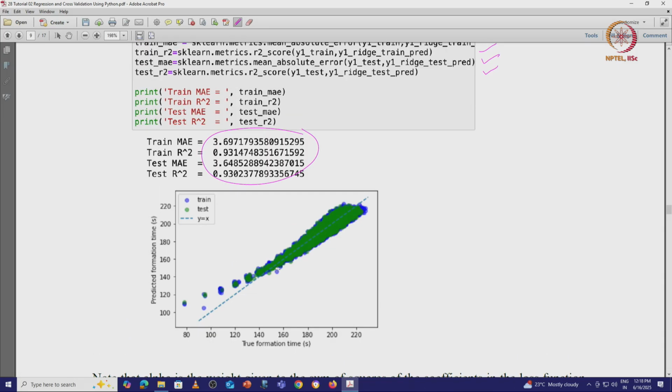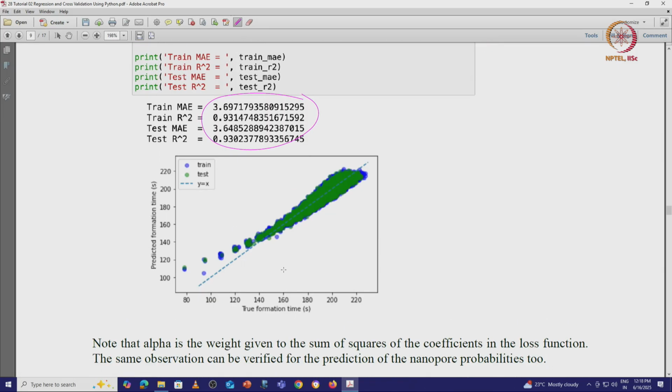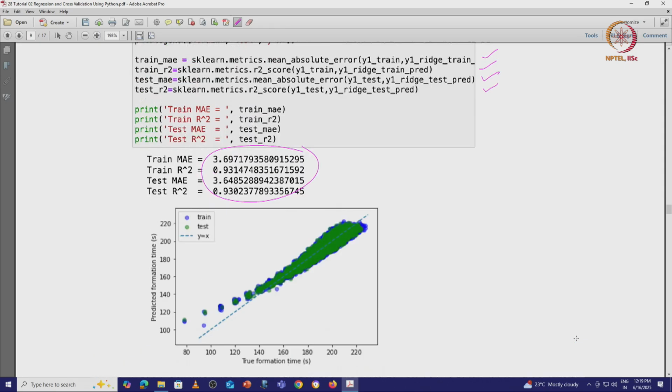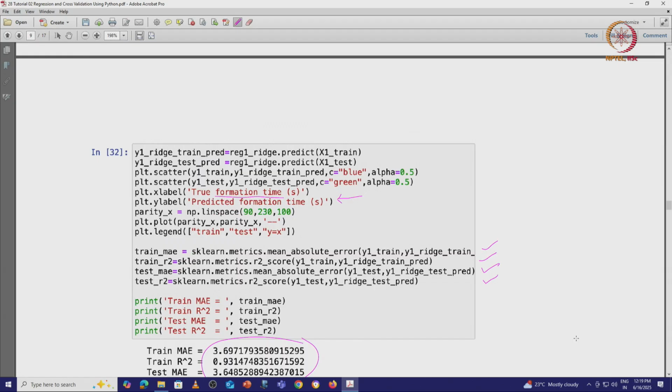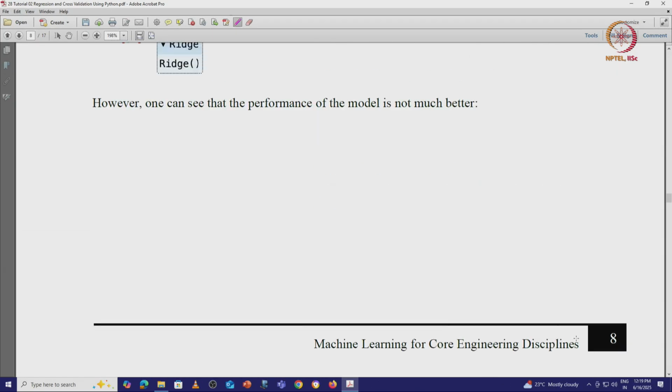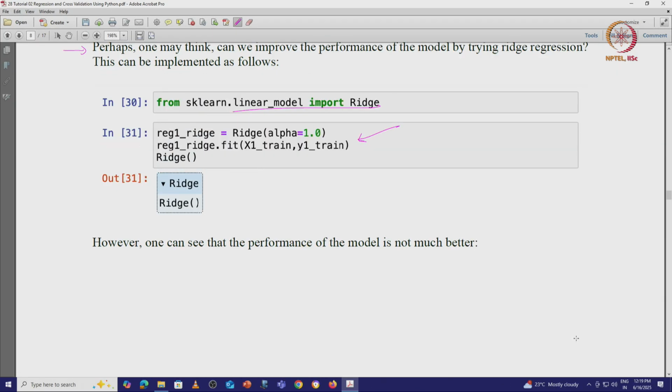In this case, you know that there is a regularization parameter that can be used, and this is the weight given to the sum of squares of the coefficients in the loss function. The sum of squares of coefficients acts as a penalty because you do not want any particular feature to assume too much importance, and you can see the alpha parameter here.